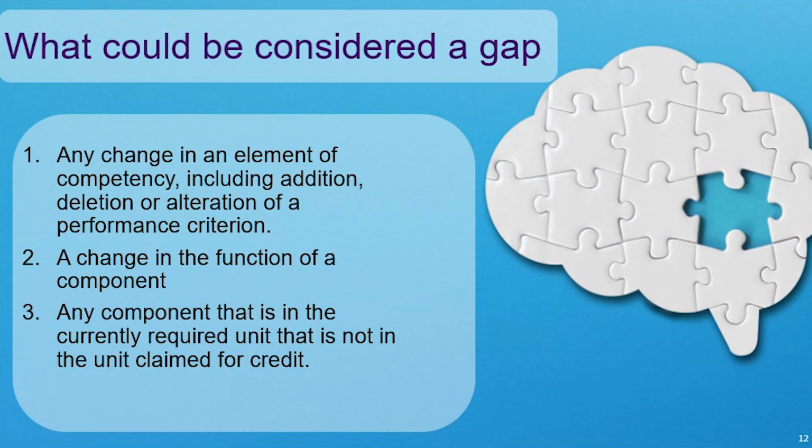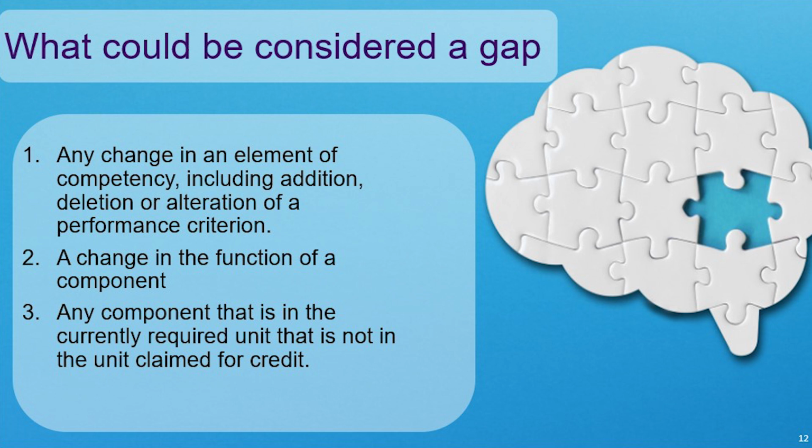So when we think about gaps, we need to ask ourselves, what could these gaps be? Well, the best way of identifying gaps is by doing a close analysis of the components of a unit of competency. And so firstly, any change in an element of competency, including the addition, deletion, or alteration of performance criteria, would constitute a gap.